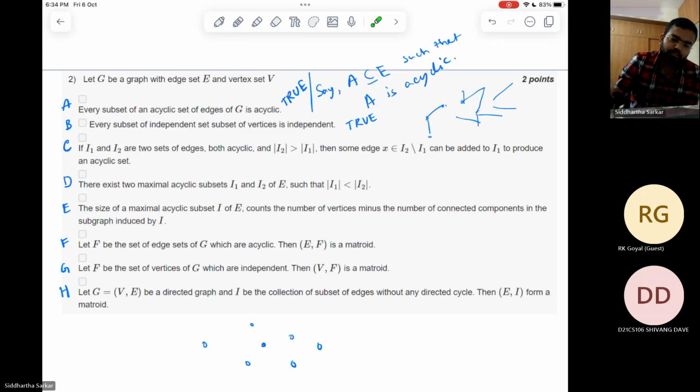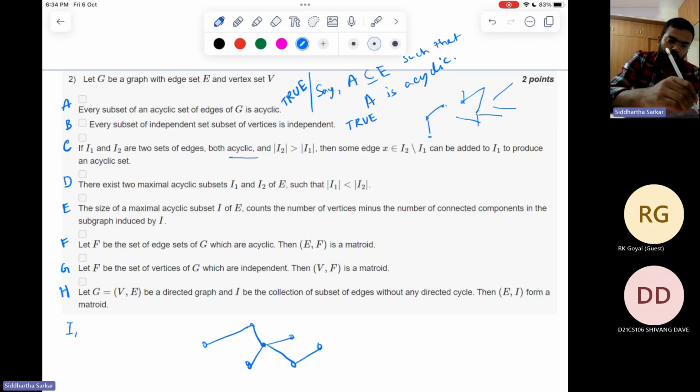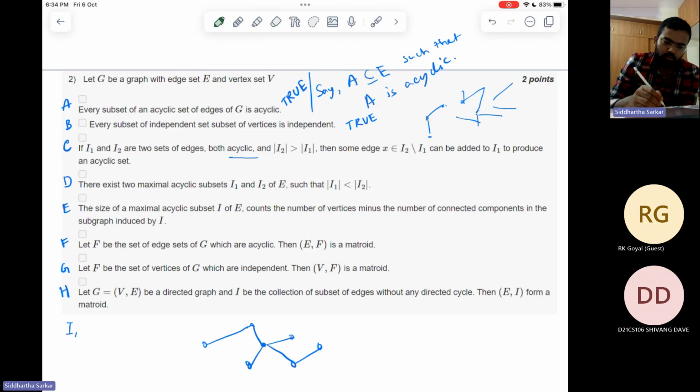Correct, so you understood the question. We have this graph and I1 is some set of edges, a set of acyclic edges, so there is no cycle. Let us also draw I2 in some other color. It is not necessary that I1 and I2 are disjoint.